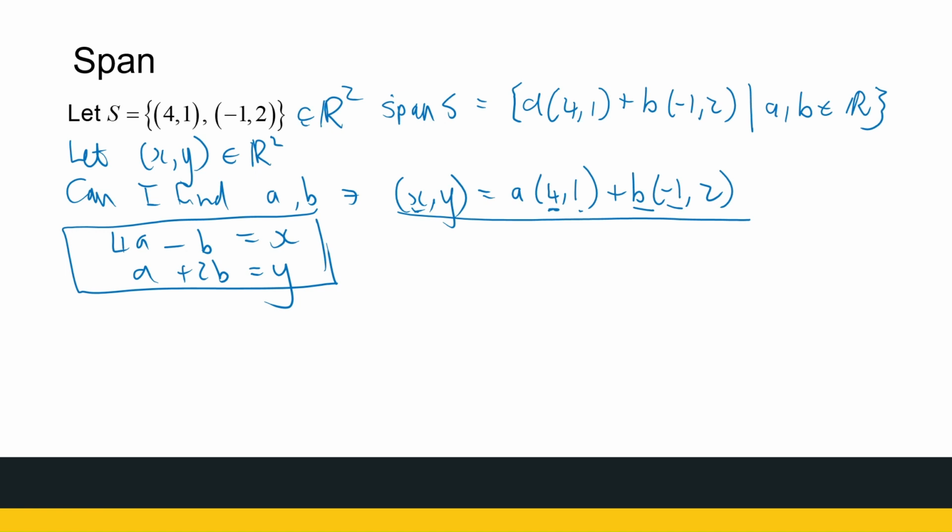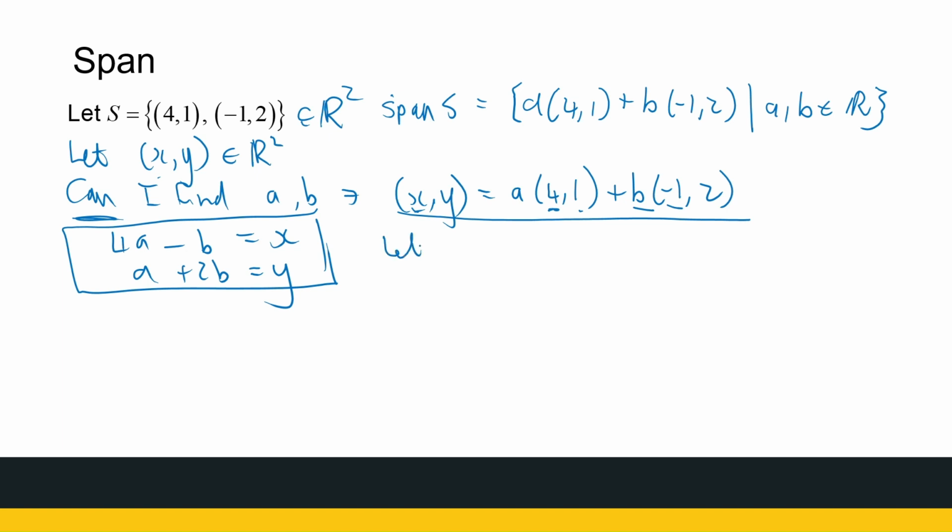So look at what our question says. The question says, can I find this A and B? Not what is the A and B, because we don't know what X and Y are. But can I find this A and B? Is it possible to find them? Well, it's possible to find them if this system is consistent, meaning if this system has a solution. Now, we need to go back to all your knowledge on systems of linear equations.